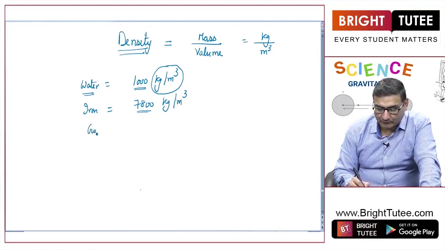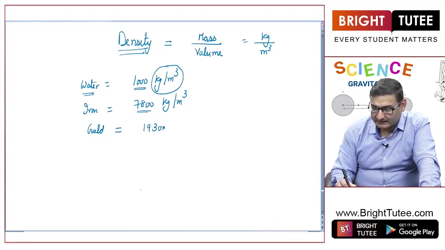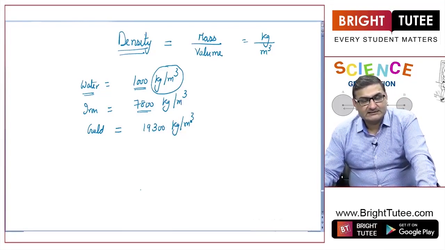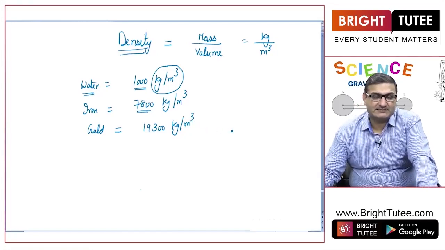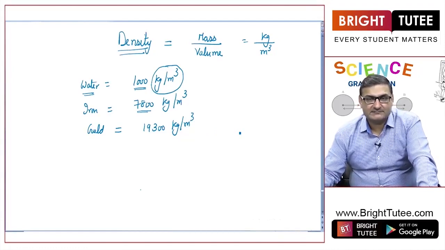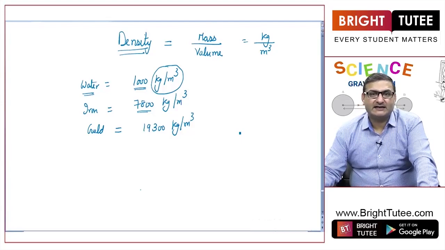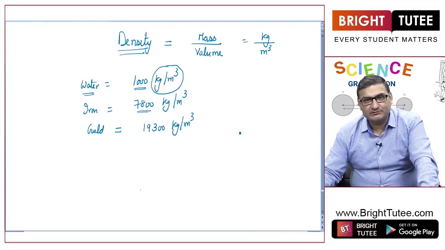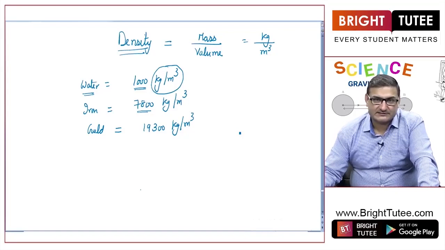And that of gold is even higher, approximately 19,300 kilogram per meter cube, right? So, the density of every particular given substance is different and is fixed under normal circumstances. That is why we say that density is a characteristic property of any substance, and this density is used to differentiate between substances.